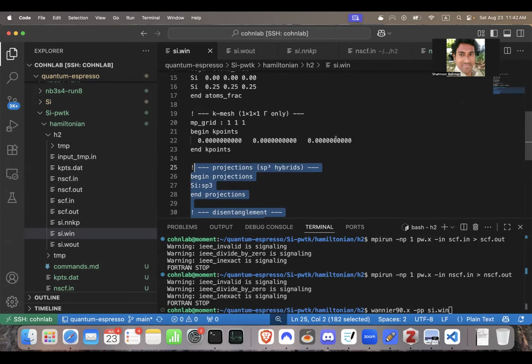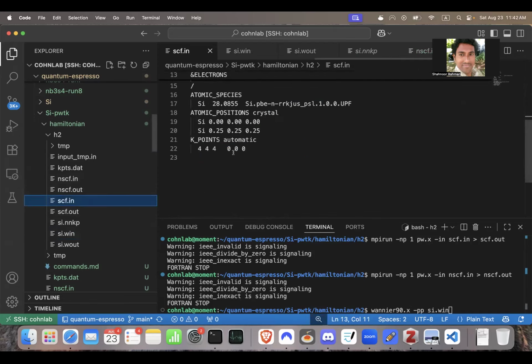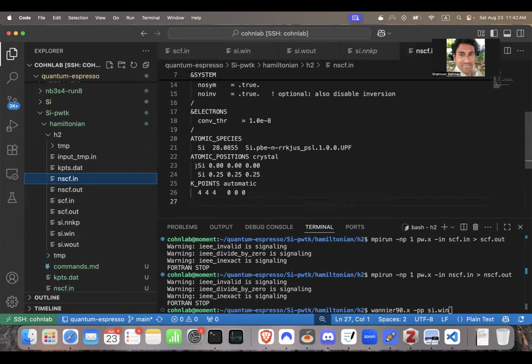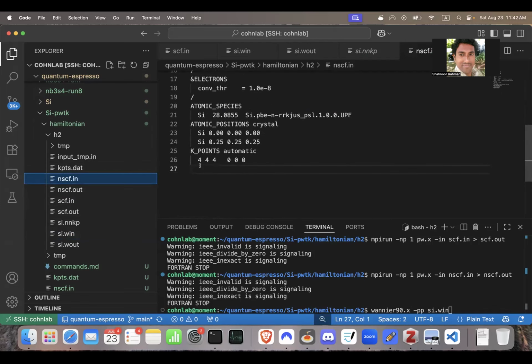The problem is specifying the grid. So for our SCF file, I have 444, and NSCF I have 444, and 4 cubed is 16 times 4. What is that? 16 times 4, 64, right?